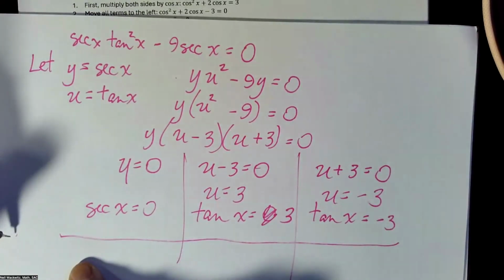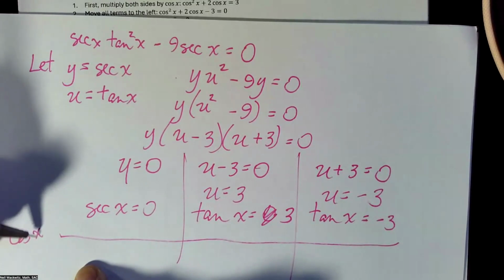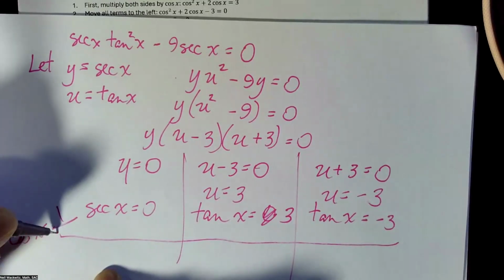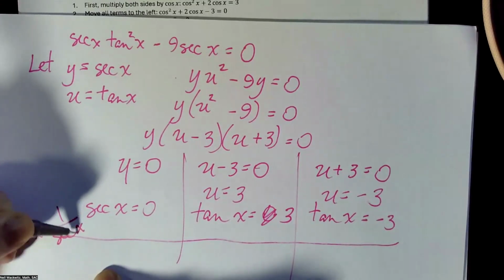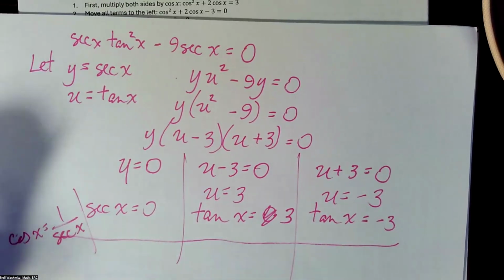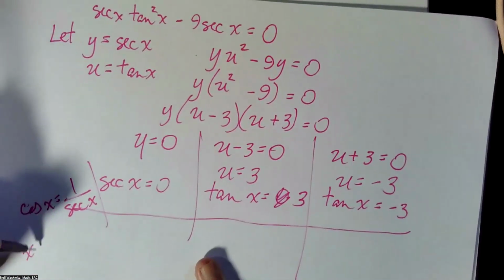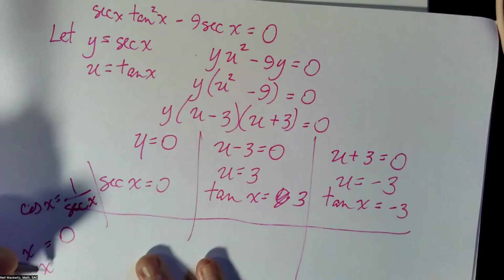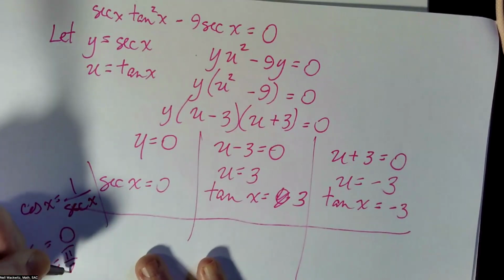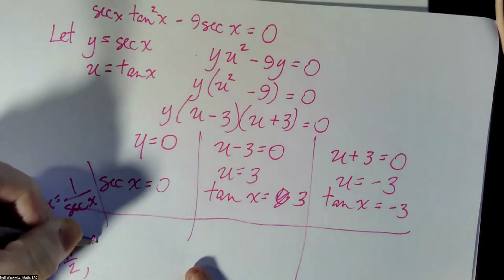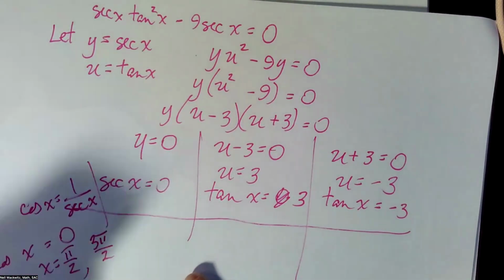So let's see. We know that cosine is the reciprocal of secant, and cosine is 0 when x is pi over 2 or when x is 3 pi over 2.